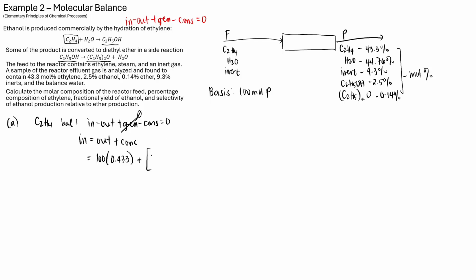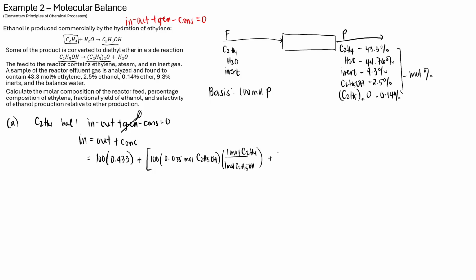So, here's how we do it. 100 moles P. Let's start with the ethanol first. 0.025 mole ethanol, and then 1 mole of ethanol requires 1 mole of ethylene. Okay, first part done.